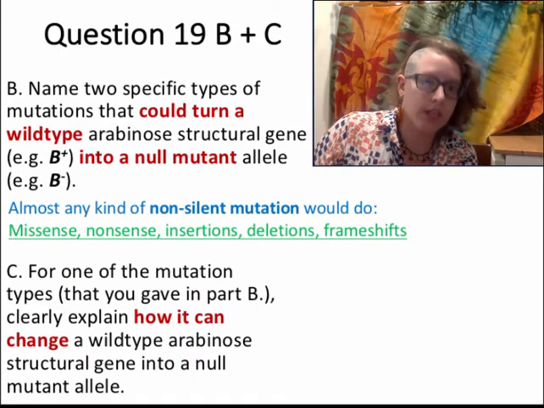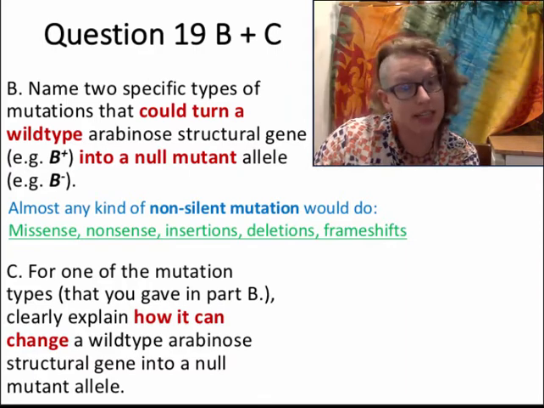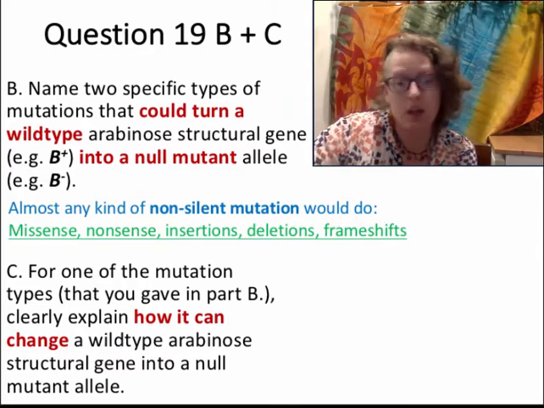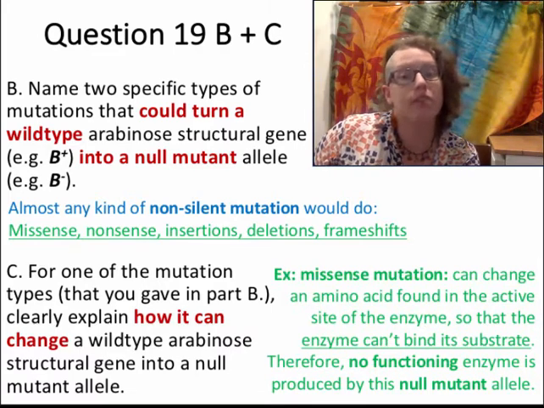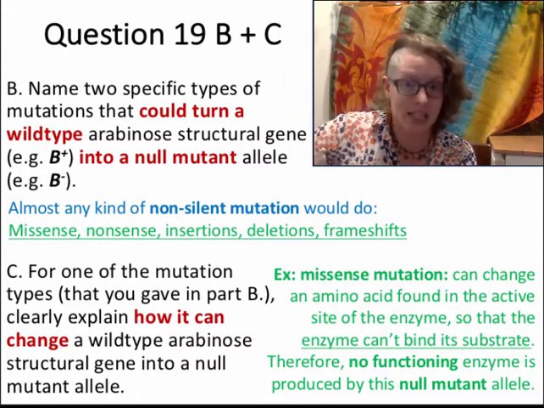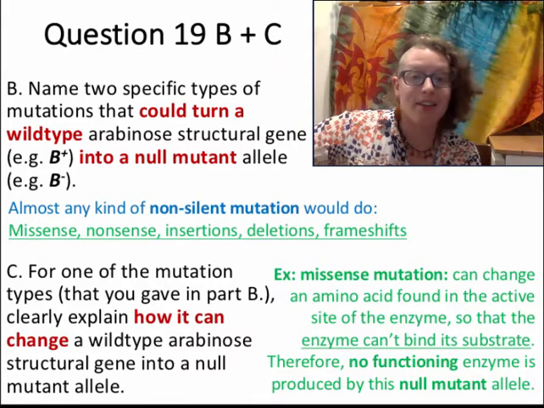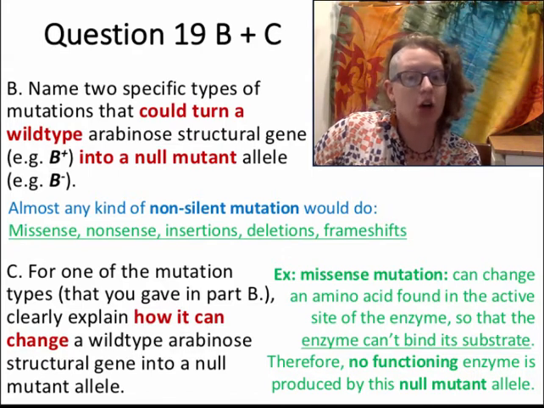So for one of the things that you said in B, you have to say how. And I'm going to use missense as an example because it's one of the more complicated options up there. Here's our example: that missense mutation can change an amino acid found in the active site of the enzyme so that the enzyme cannot bind to its substrate. Therefore, no functioning enzyme is produced, and this is a null mutant.